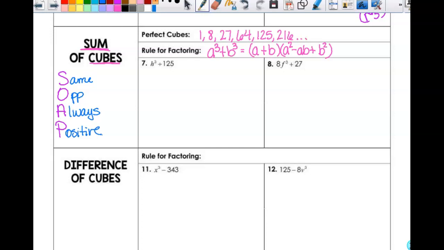That refers to the signs. This is the sum of cubes, right? So your signs here are the same, opposite, always positive. That's how you get the signs in there right.